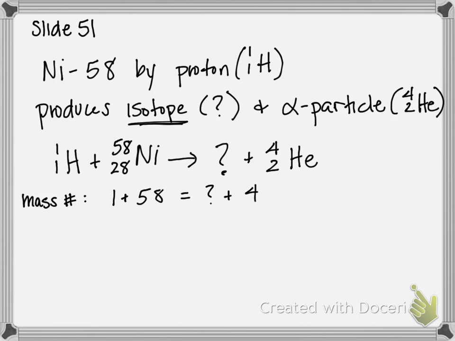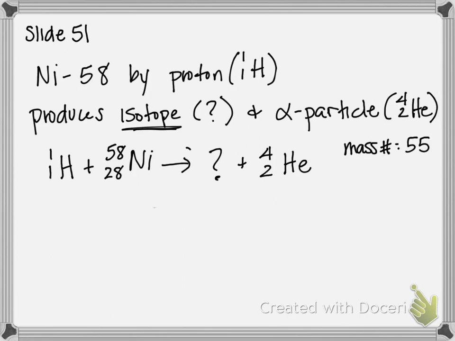So 1 plus 58 is 59, is equal to something plus 4. So if we take 59 minus 4, that's going to give us 55. So that's our mass number of our mystery element.